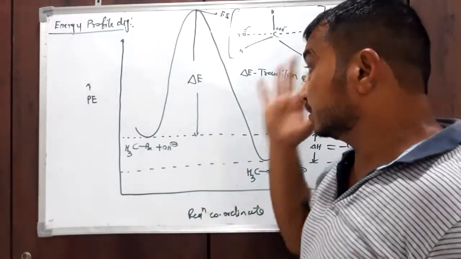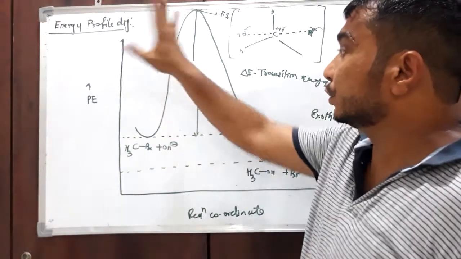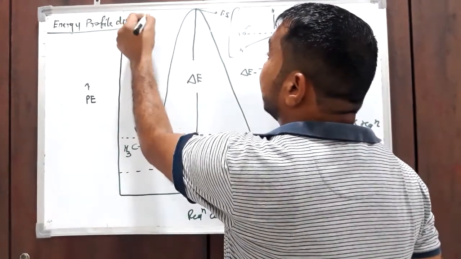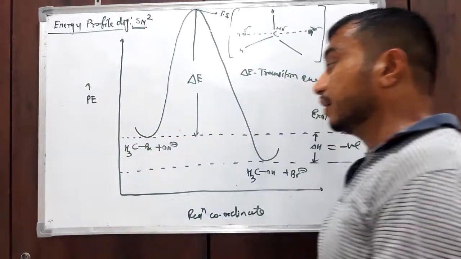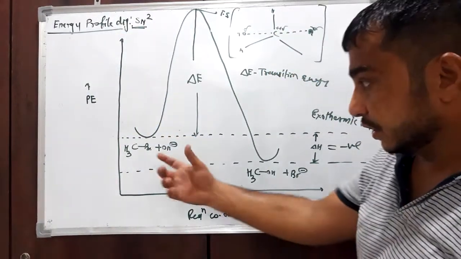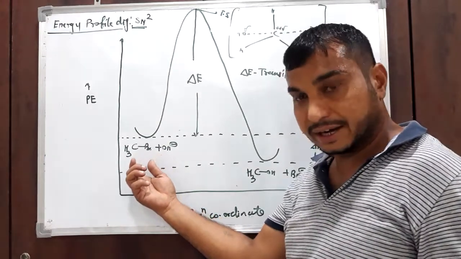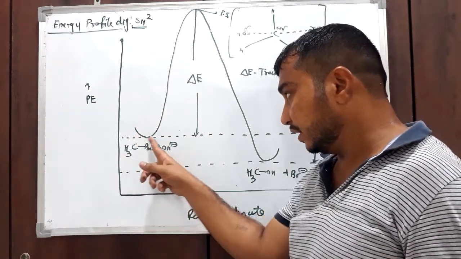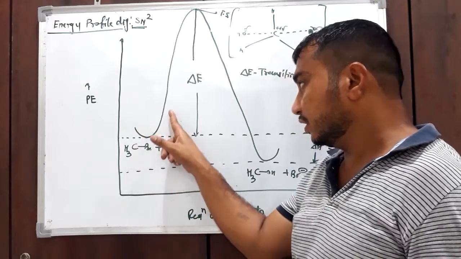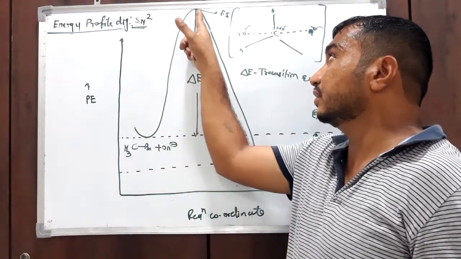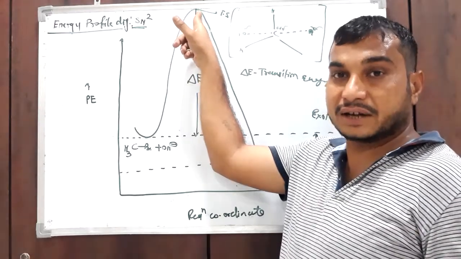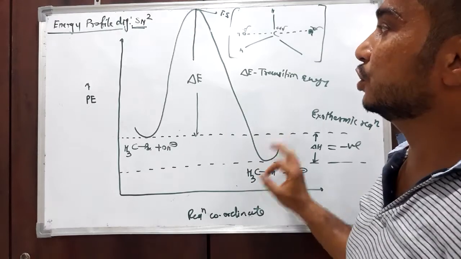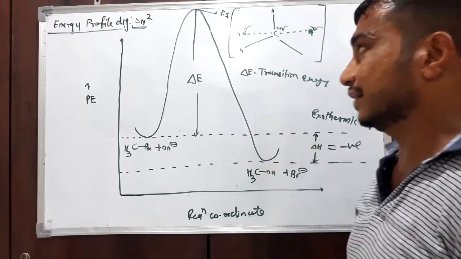Okay, so initially the reacting species approach each other, the intermolecular distance reduces, and due to this their potential energy increases, reaches the transition state and then decreases. So this is the energy profile diagram of SN2 reaction.